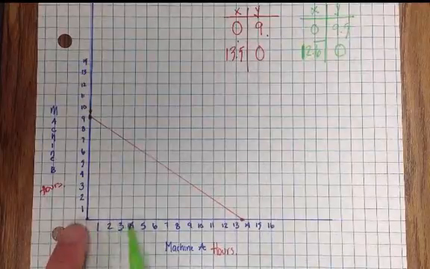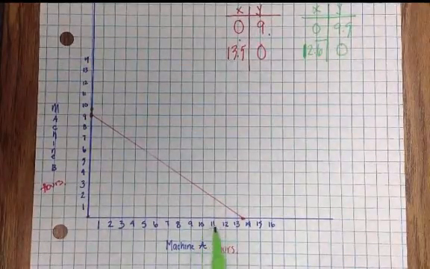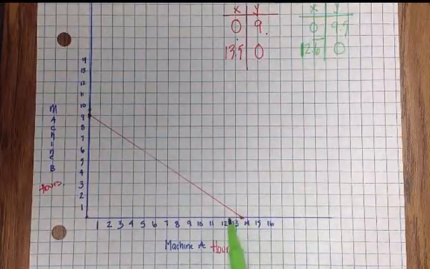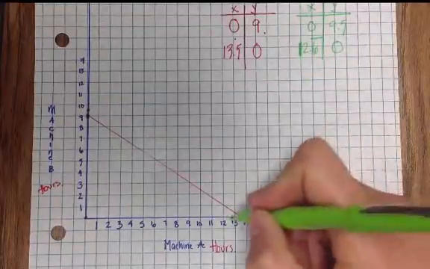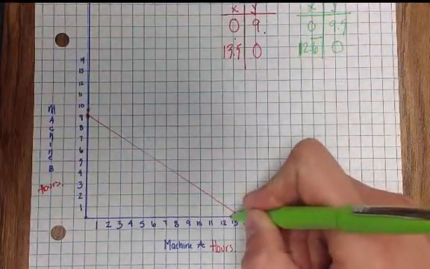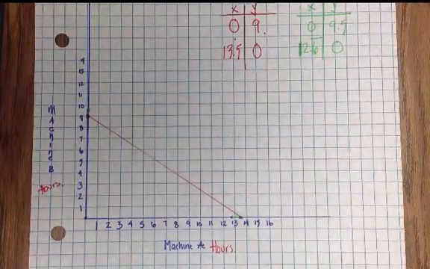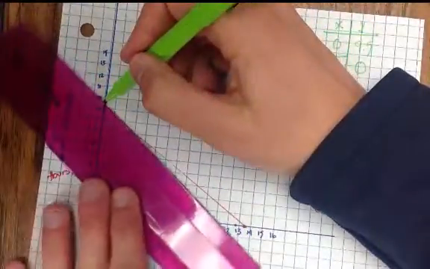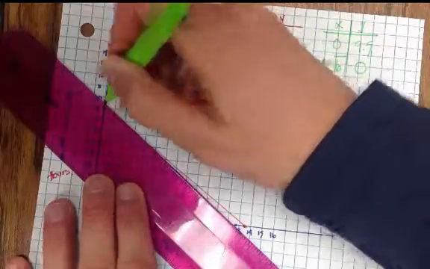So when y is 0, there's 10, 11, 12, 13. I know that 12.5 would be in the middle, and 12.6 repeating would be just to the right of the middle. So I have my 2 points. I'm going to take my ruler and connect them.